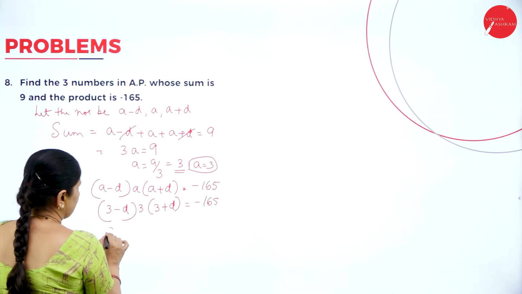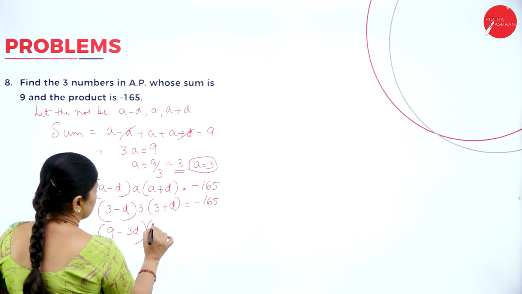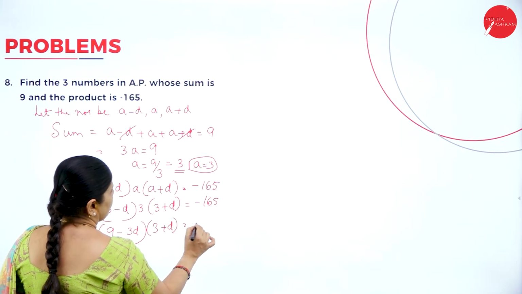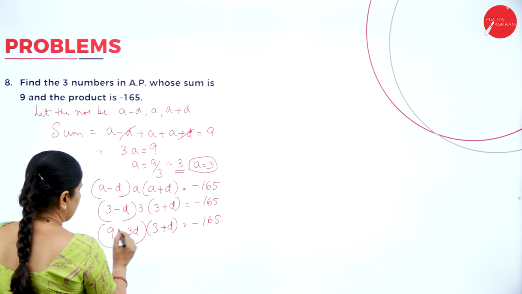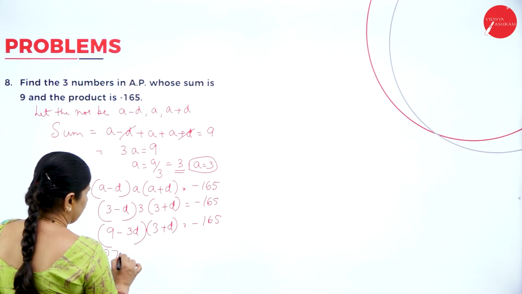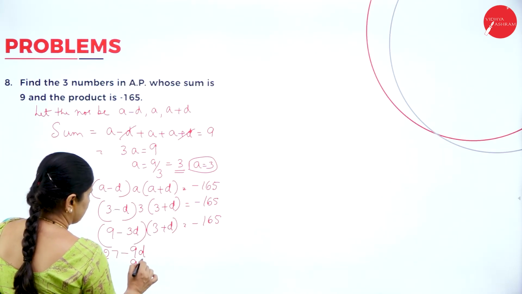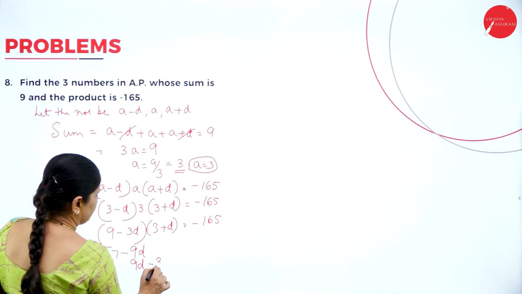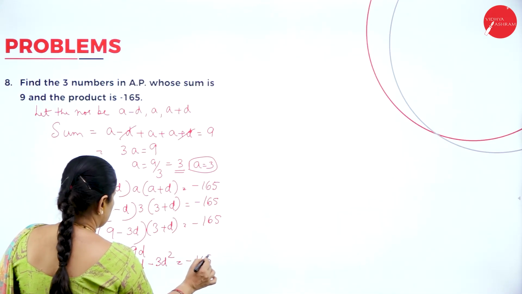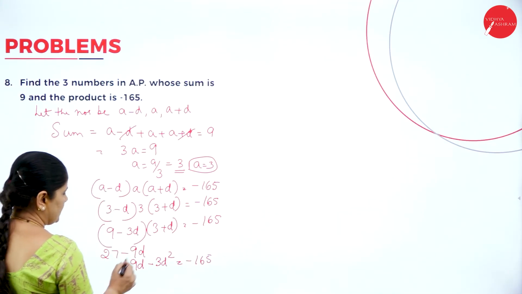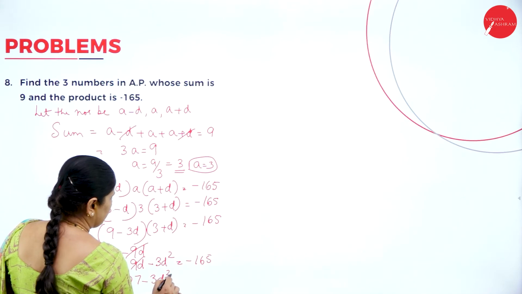So, 3 3s are 9, minus 3D, into 3 plus D. 3 into 3 is 9, 3 into D is 3D, minus D into 3 is minus 3D, and minus D into D is minus D square, so plus D minus D gets cancelled.